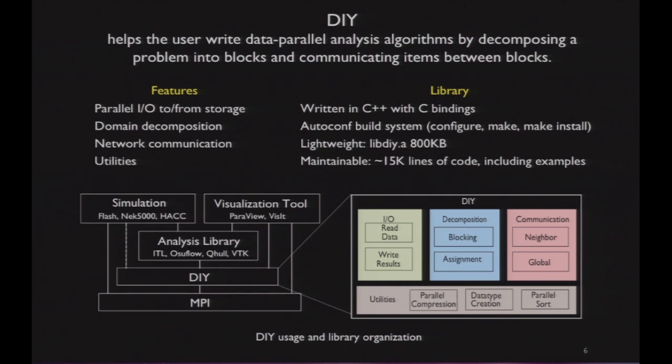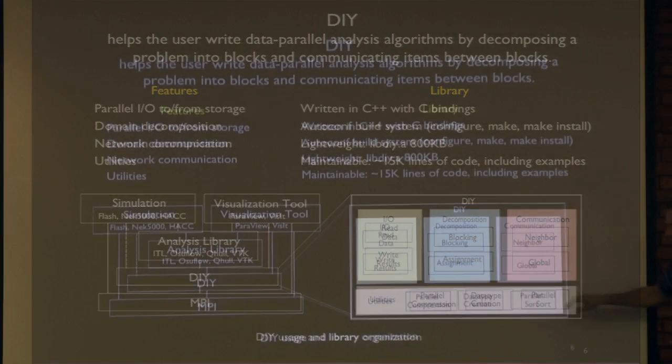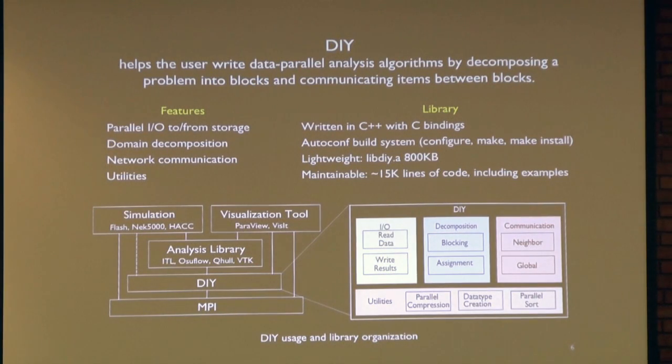The basic modules in DIY are parallel I/O, block decomposition, domain decomposition, a set of communication kernels for the commonly used patterns that I and others find ourselves using over and over again, and some standalone utilities that are useful in their own right.